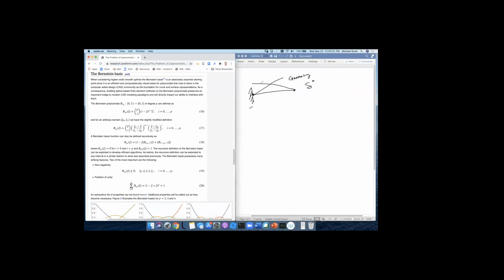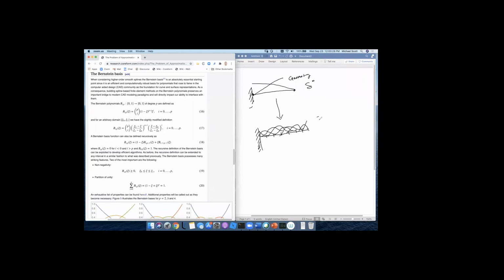What you can do is enrich this basis and transform it, add a bunch of nodes, increase the degree, maybe you create a spline basis that looks like this.